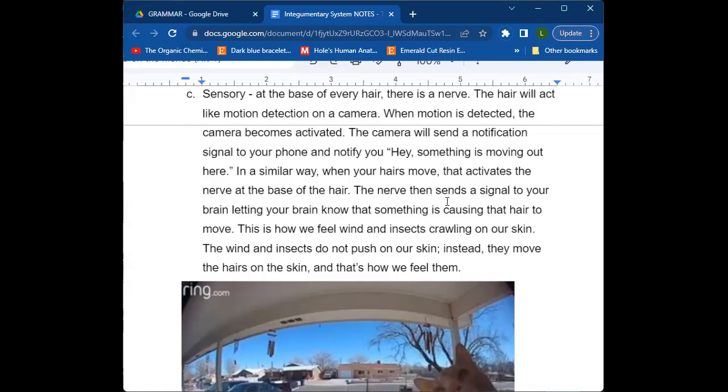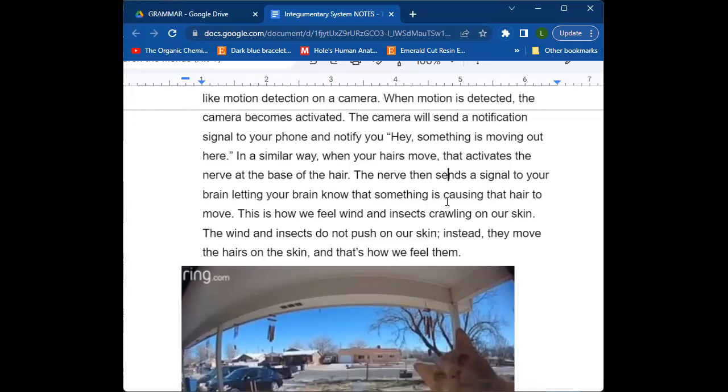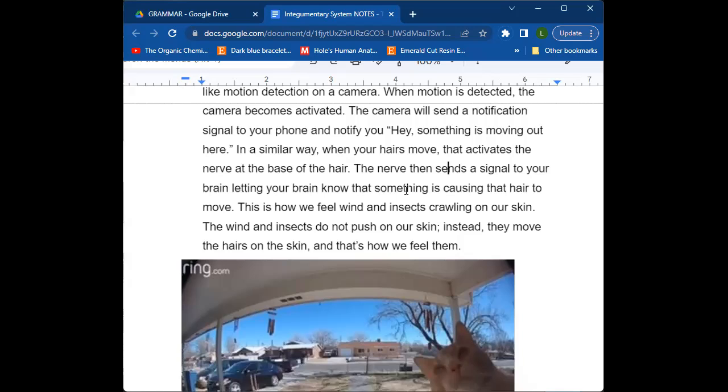Okay. And then in a similar way, whenever the hairs move, we need to know that that's going to activate the nerve at the base of the hair and essentially send a signal to the brain and let the brain know that something is making that hair move. And this is how we're going to feel things like wind and insects crawling on our skin.